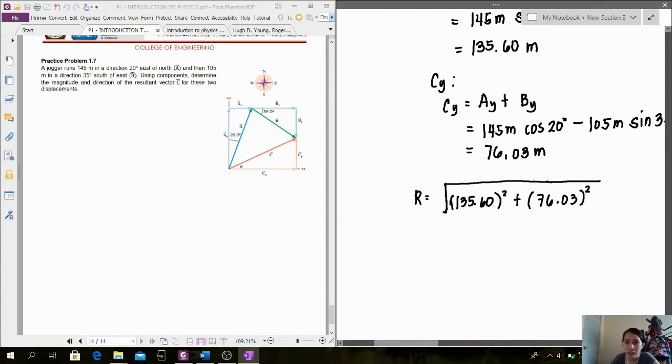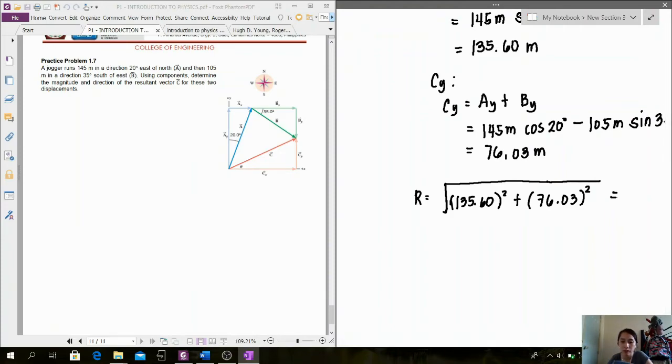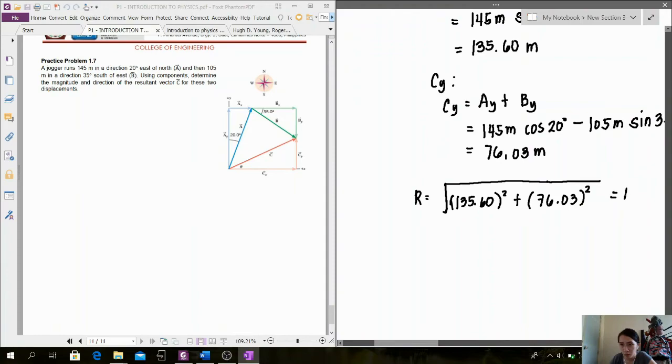Notice that the y component of the resultant vector is pointed upward, so this matches with the sign. So R is equal to 155.46 meters.